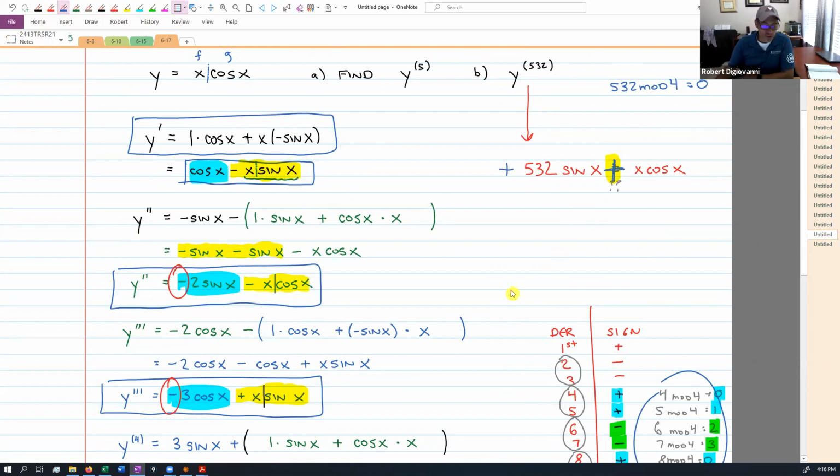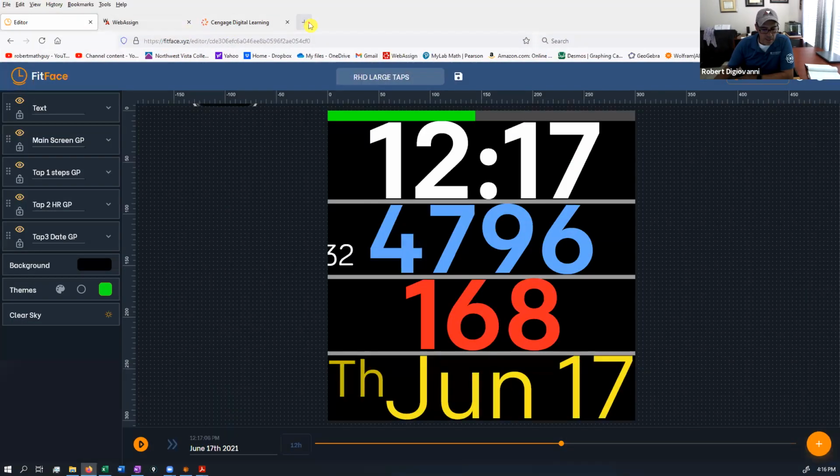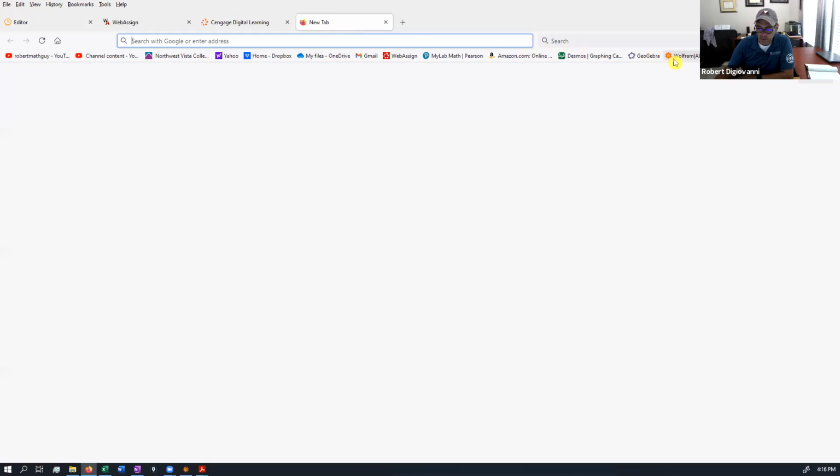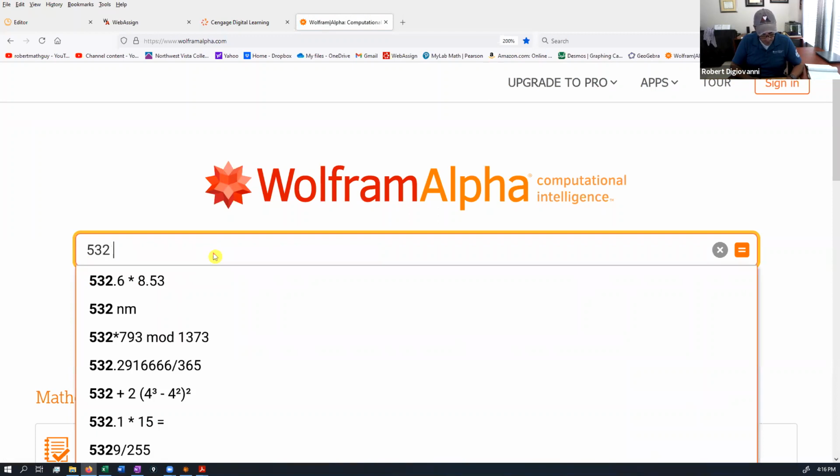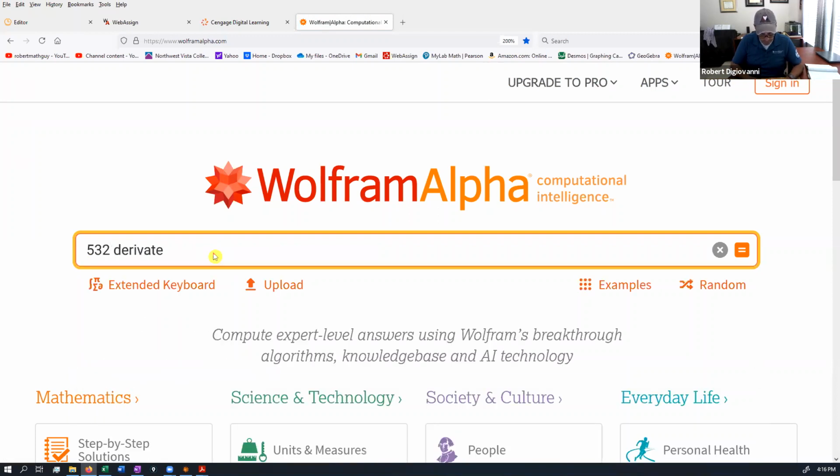Let's check with Wolfram. The 532nd derivative of x times cosine of x.